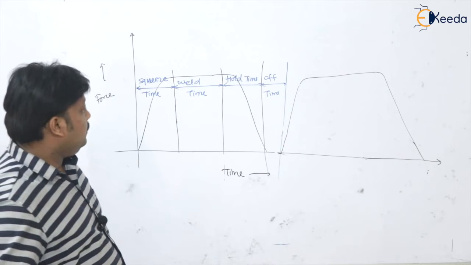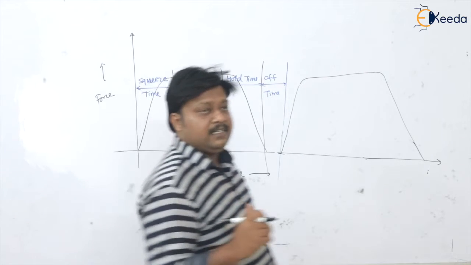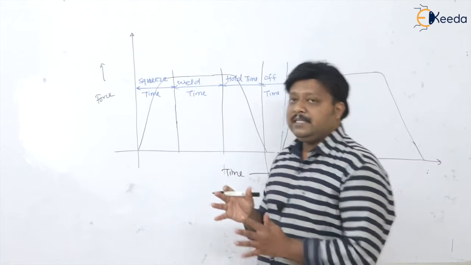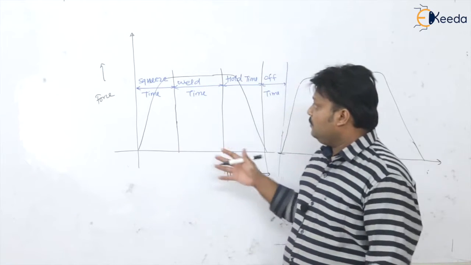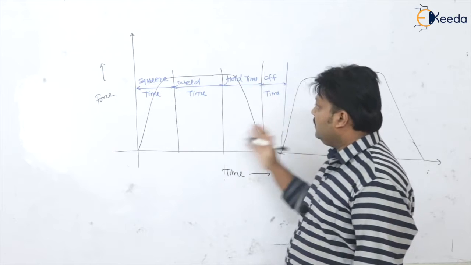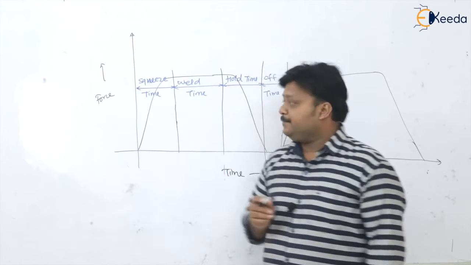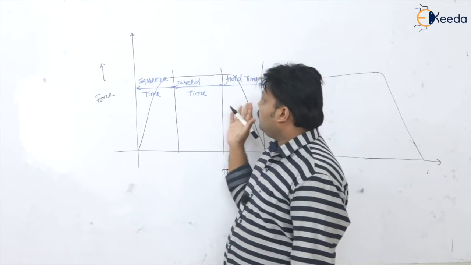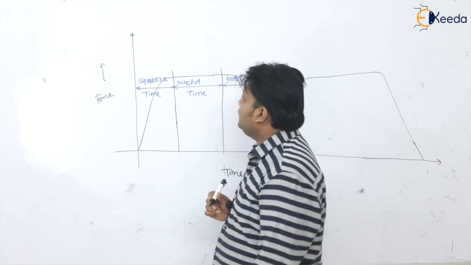So this time gets divided, and these are the time events plotted against the force. There are four times in the cycle of resistance welding.